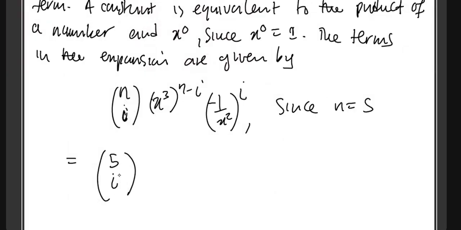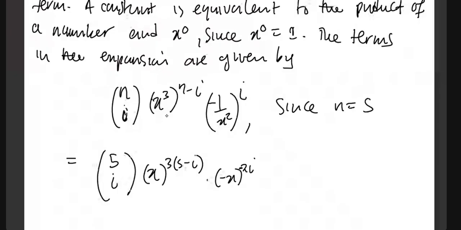Remember, the rules of exponents, this will multiply throughout. It will be x to the power 3 multiplied by 5 minus I, then negative x to the power 2I.